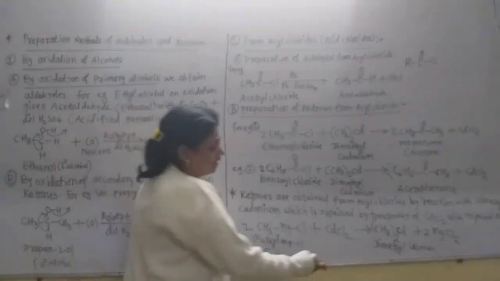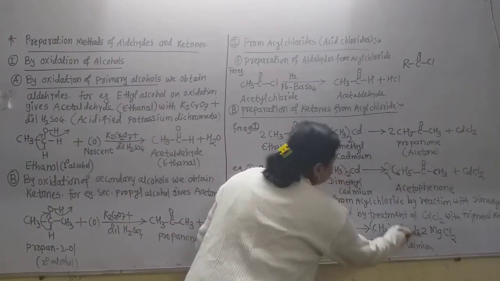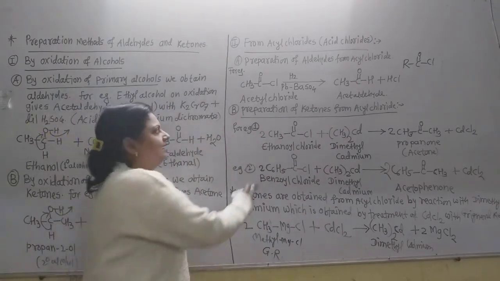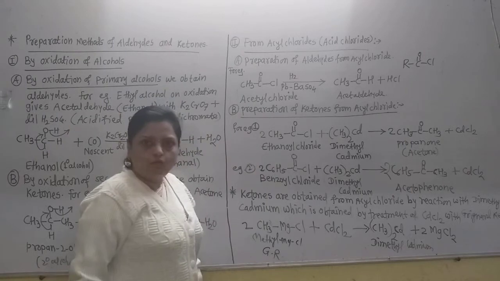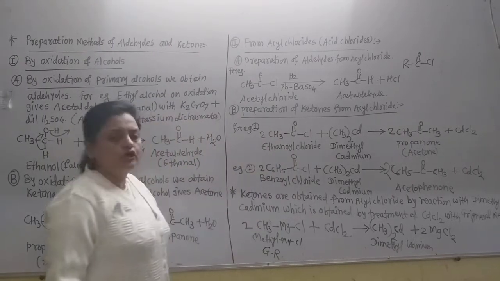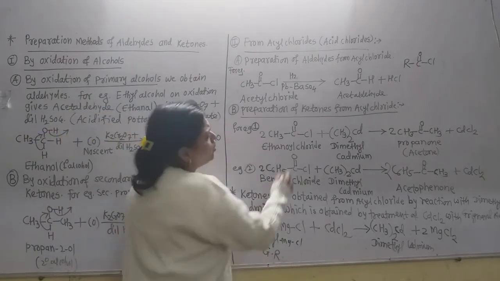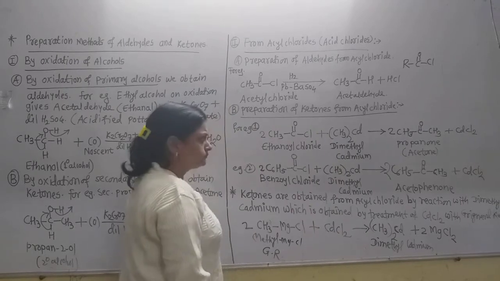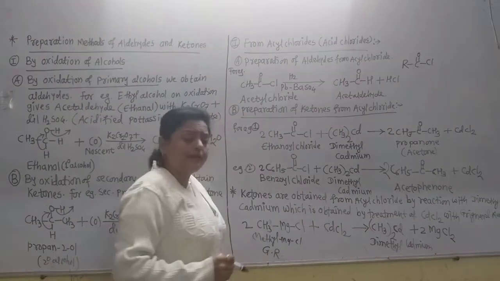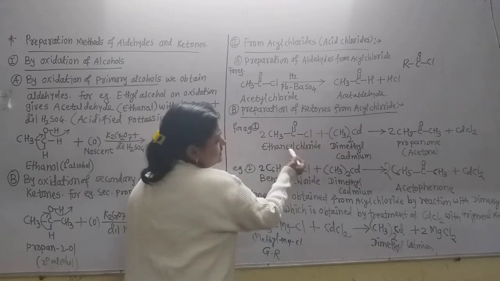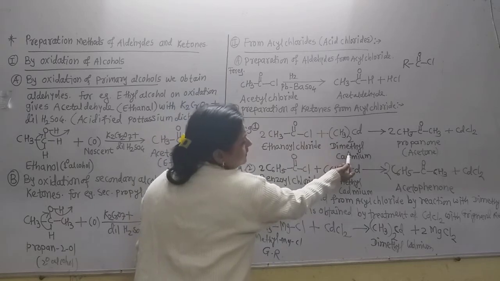Now this dimethyl cadmium I take here, which is prepared from the Grignard reagent, and take the same reagent for the preparation of ketone, that is acetyl chloride, but only two molecules are taken. Here also there is only replacement of the chlorine by the methyl group. As there are two methyl groups, the molecules of acetyl chloride are also 2. The chlorine atom of each acetyl chloride is replaced by a methyl group.